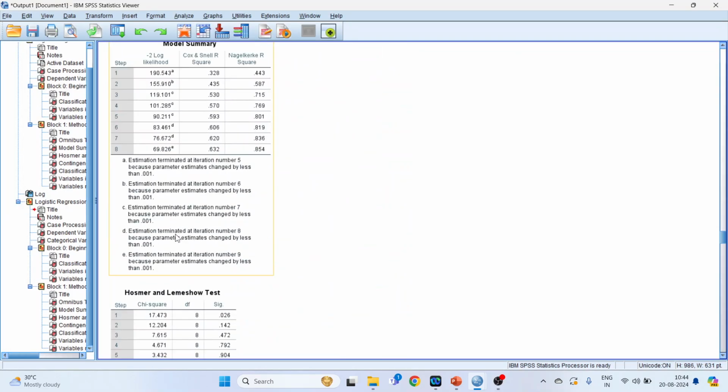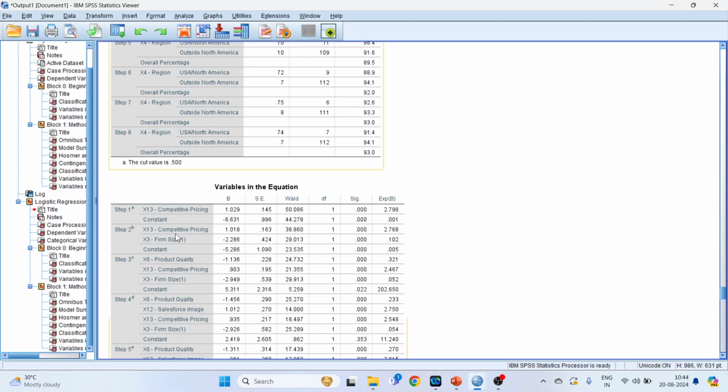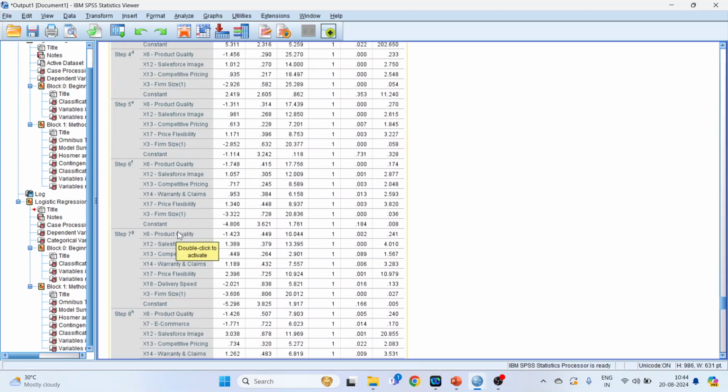Now you will get another output. So just see the step 6, firm size 1. Okay, firm size 1, the value is minus 2.852.